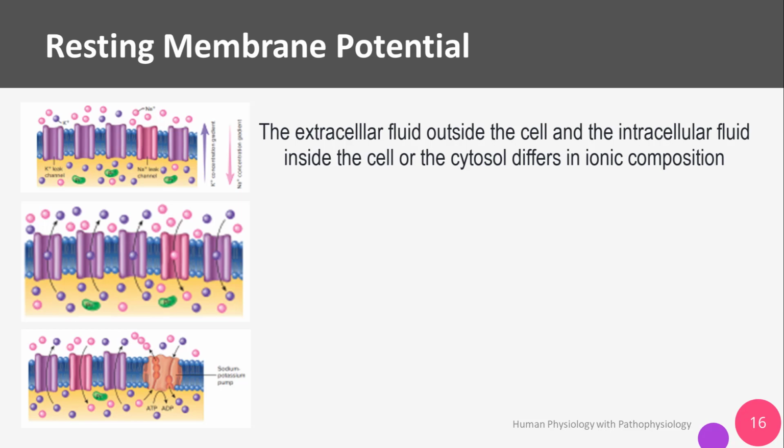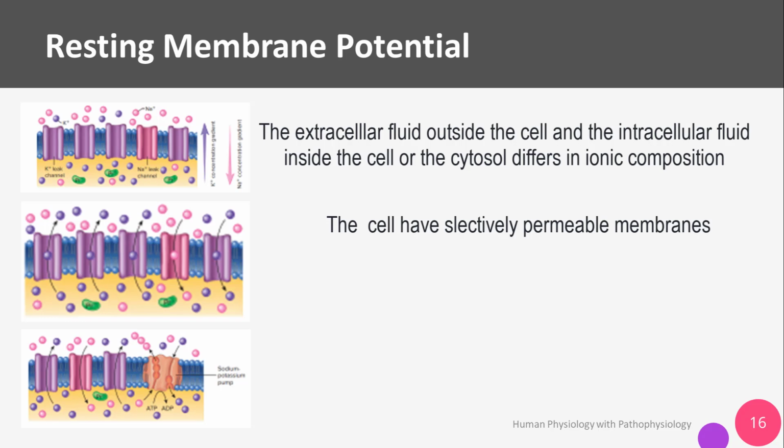The extracellular fluid contains a high concentration of sodium and chloride, while the cytosol contains high concentrations of potassium and negatively charged proteins. Second, the cell has selectively permeable membranes, which means that ions cannot freely cross the lipid portions of the plasma membrane.